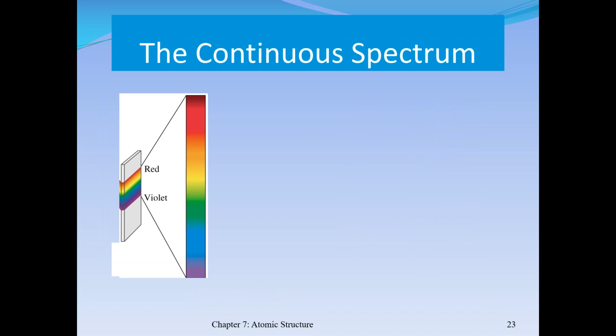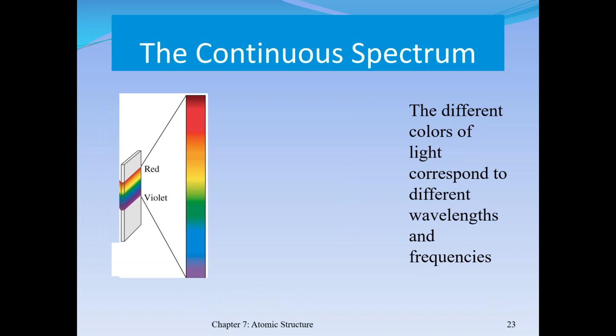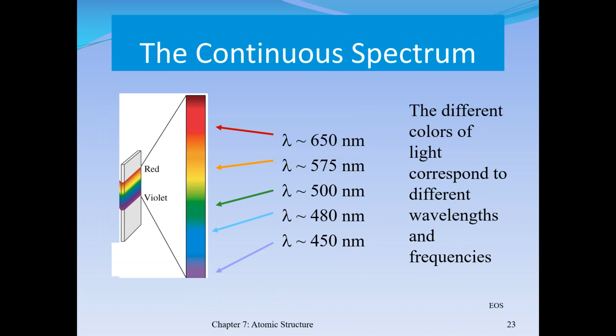Now, let's say some more about the continuous spectrum. So what we see here are the different wavelengths of the different colors of light. So in the red region, the wavelength is approximately 650 nanometers. In the orange region, it's about 575. And you see the different values given for the others, all right?